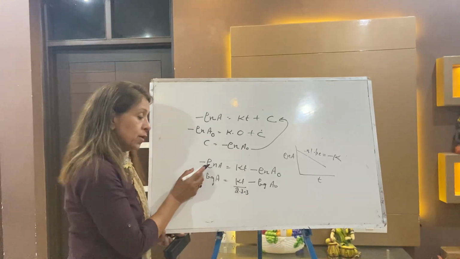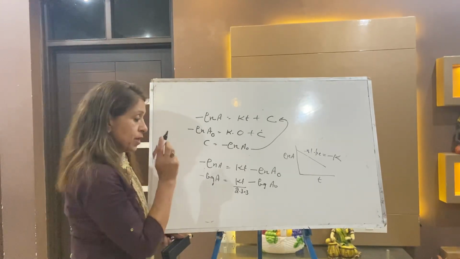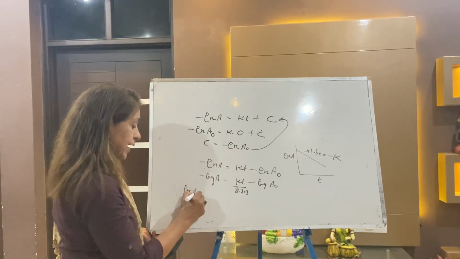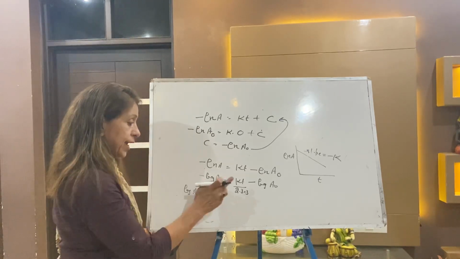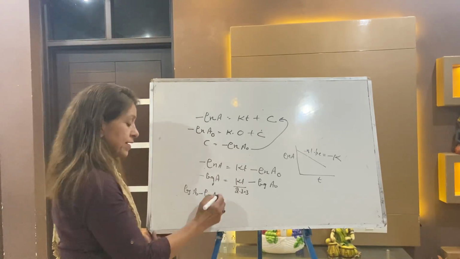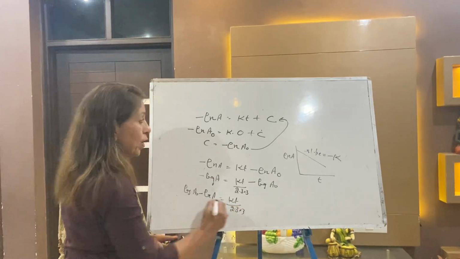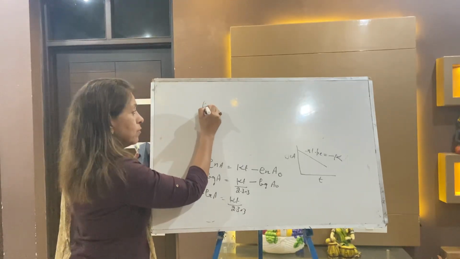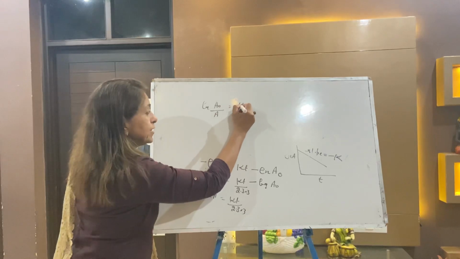The moment you substitute the log word here, you have to put 2.303. Now coming to the next, bring it to this side. So log A0 minus log A, log A0 on this side minus log A is equal to kt by 2.303.